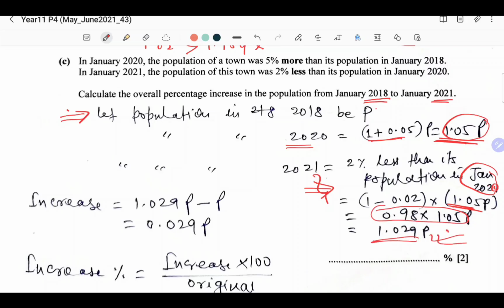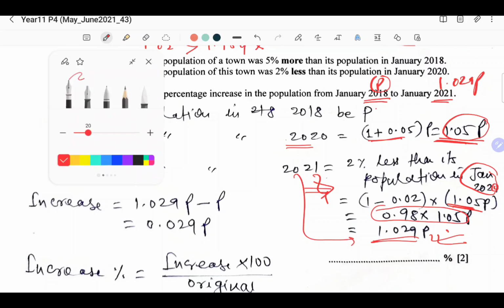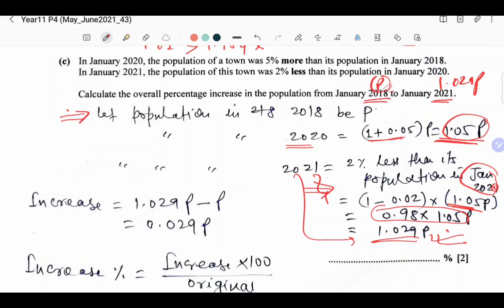Okay, now guys, we have to compare from 2018 to 2021. So in 2018 population was P. In 2021 it is 1.029P. Yes or no? Got it? Okay, so now what's the gap? Increase is 1.029P minus P, difference of these two.